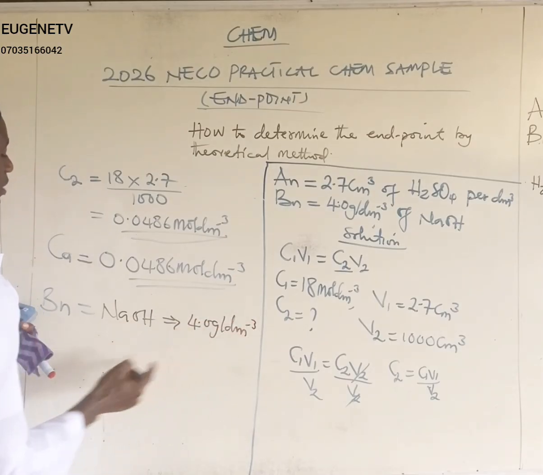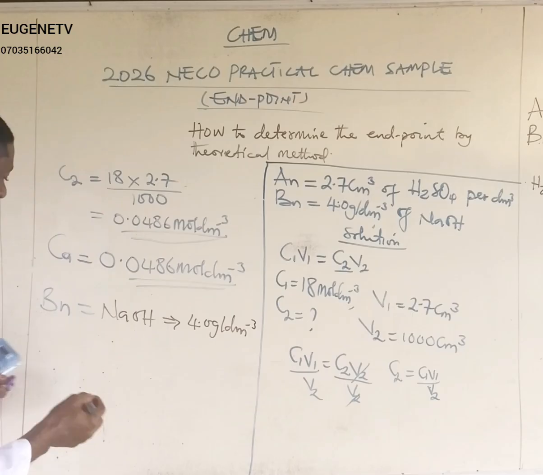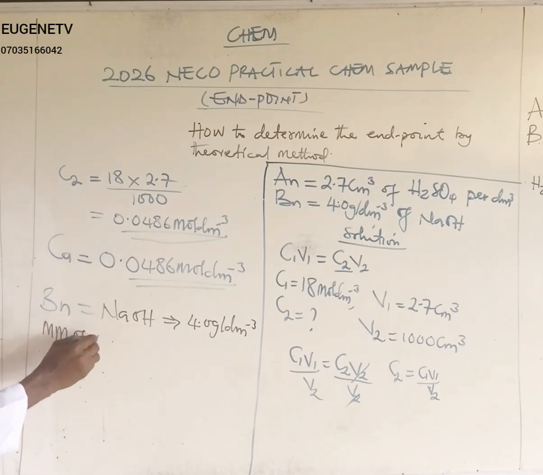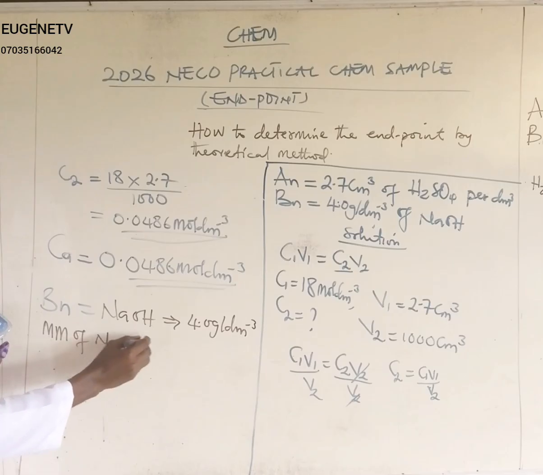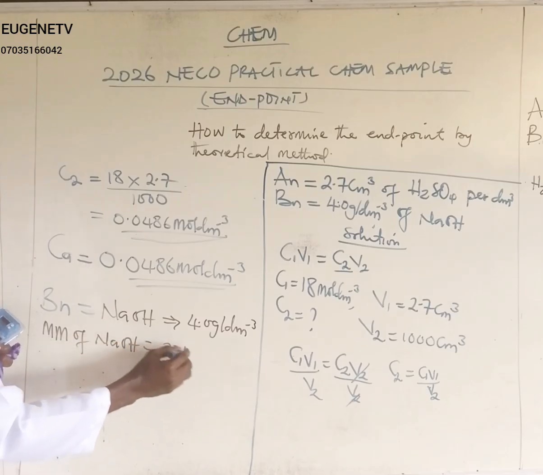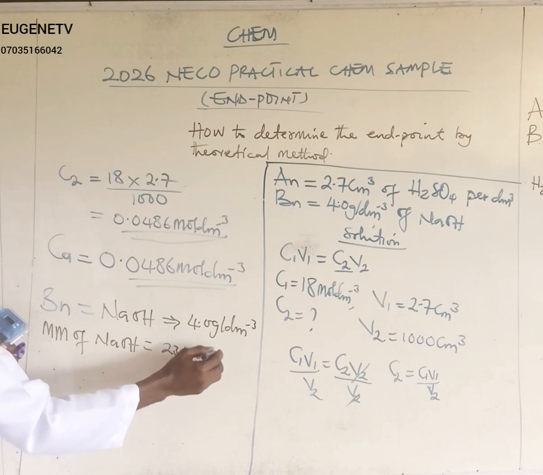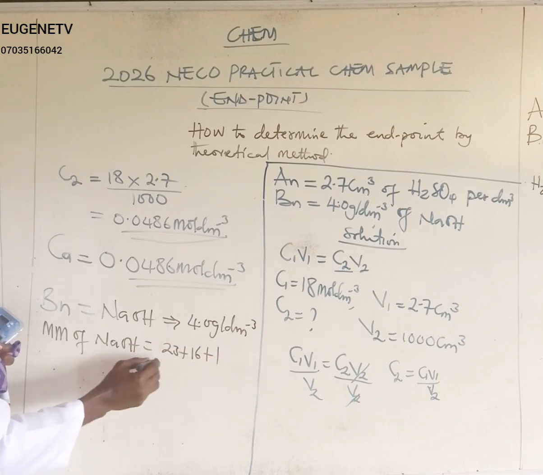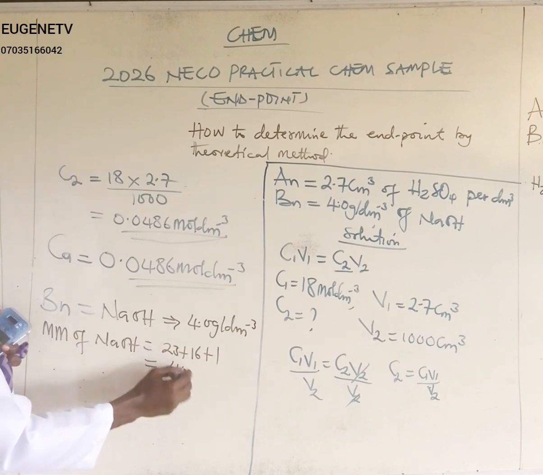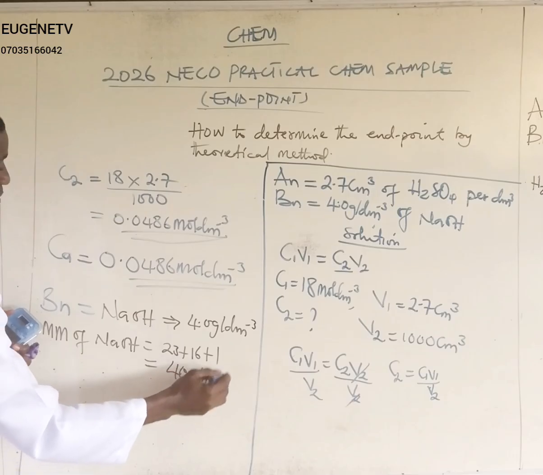Alright, how do we determine the molar concentration of this? First, we should look at the molar mass of sodium hydroxide. The molar mass of sodium hydroxide is going to be 23, because the atomic mass of sodium is 23, plus that of oxygen, which is 16, plus that of hydrogen, which is 1. In total, we are going to have 40 grams per mole.